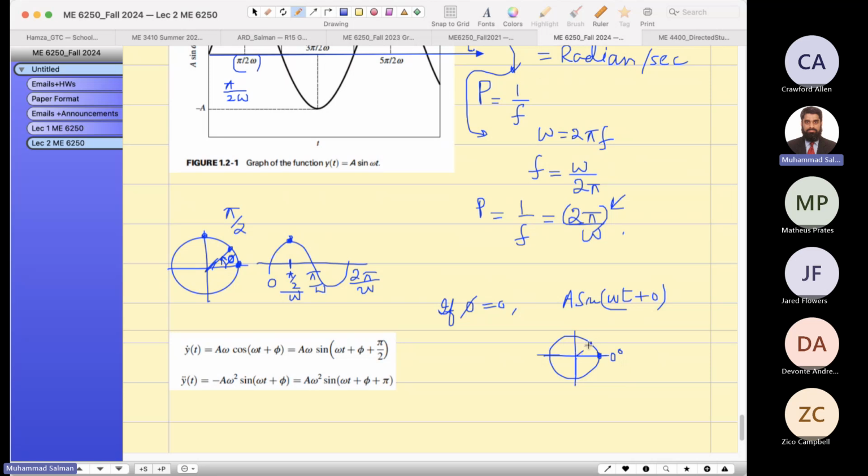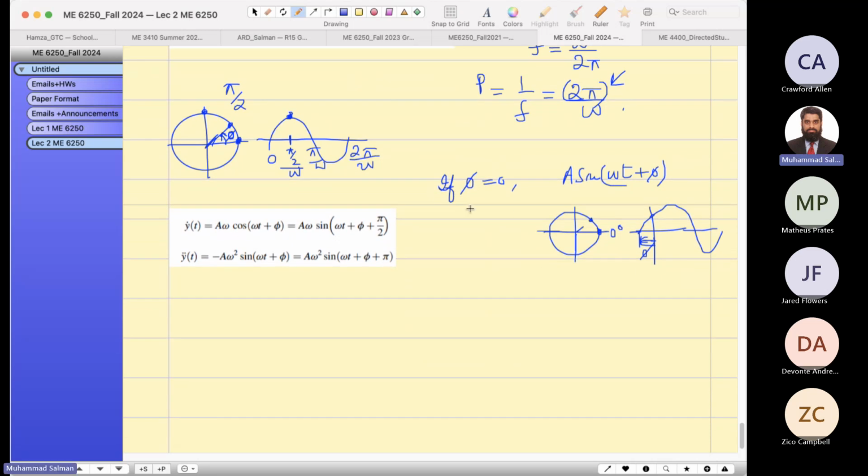But if you want to trace it from here, you will trace this point, and then you will see it is leading by a certain phase angle, which is phi over here. So usually you put this over here if there is a phase difference, if it is not exactly starting from 0 degrees. The particle is away from 0, so you count that into your formula argument.